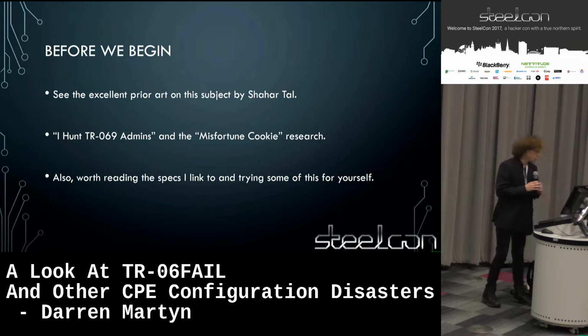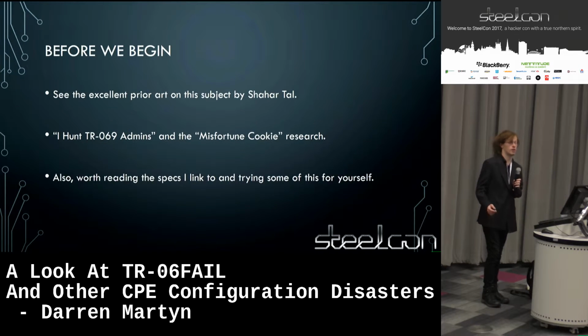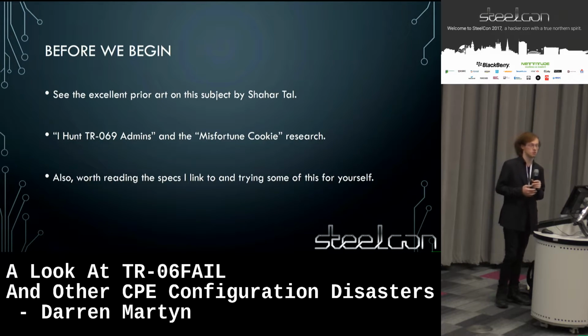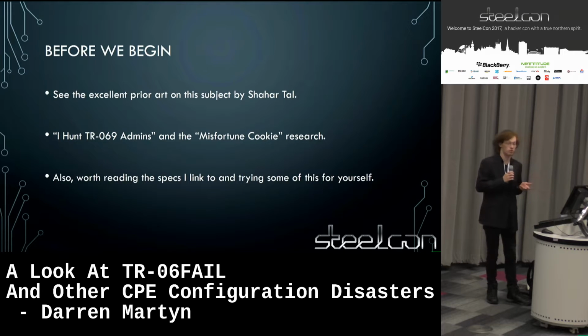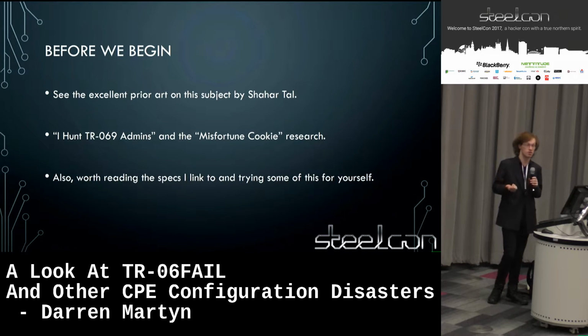Before we begin, I'd like to point out that prior to me writing this talk, there was some amazing research done. There's a chap who used to work at Checkpoint, Shahar Tal. He did some awesome work, discovered the Misfortune Cookie bug, and gave an amazing talk about hacking ACS servers at DEF CON called I Hunt TR-069 Admins. I was lucky enough to see his Misfortune Cookie talk at CCC.